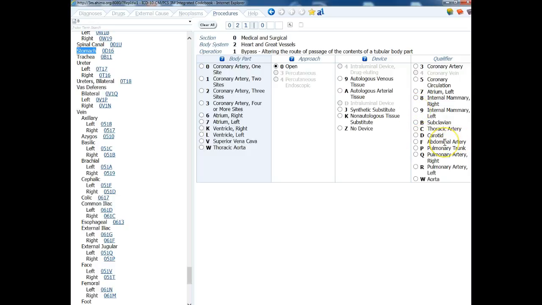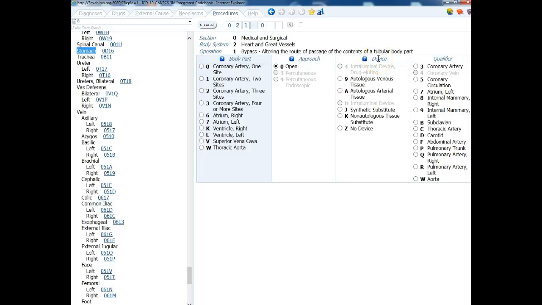They can use other arteries as well. Those are really much more extensive bypasses than we will code. But for our purposes, when we are determining whether the body part is one site or two sites, what drives the selection of the body part is the device.